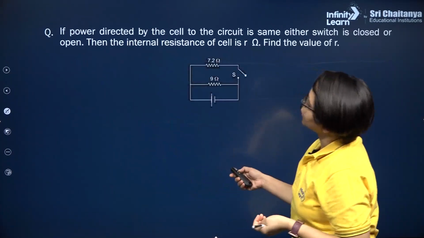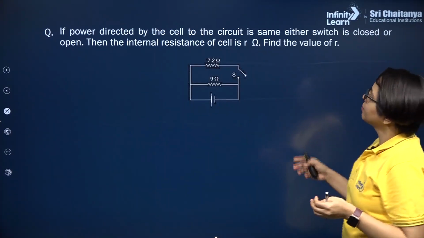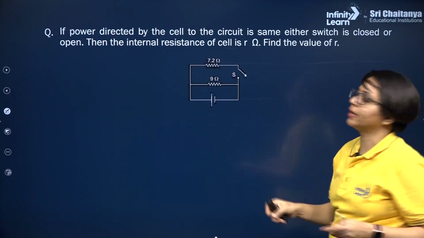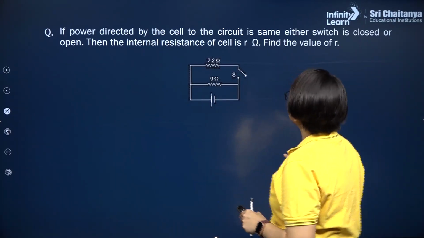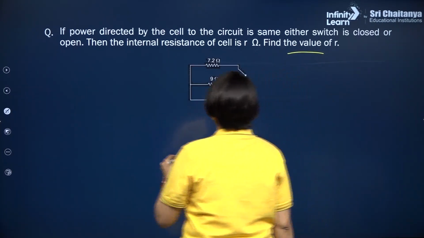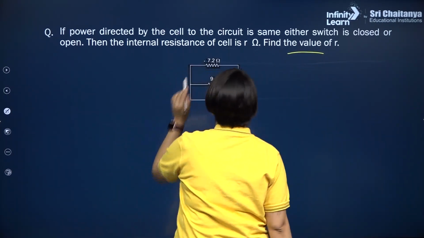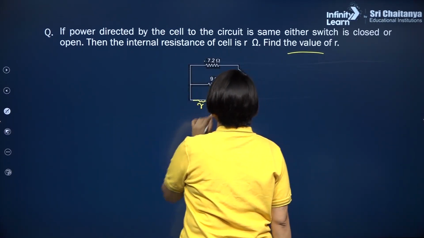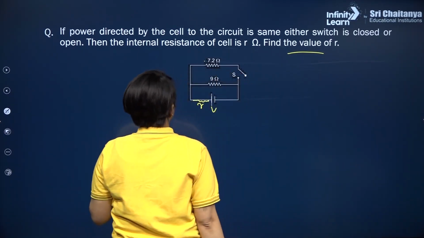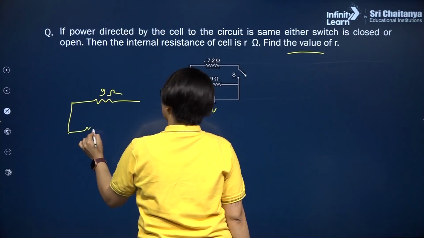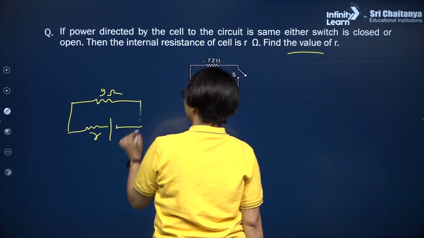Next is this question: if power delivered by the cell to the circuit is the same whether the switch is closed or open, then the internal resistance of the cell is R ohm, find the value of R. So in this case, if the switch is open, then this is useless, and the internal resistance of the cell is, let's say, R, and the EMF is V. In the first situation, when the switch is open, this is the circuit.